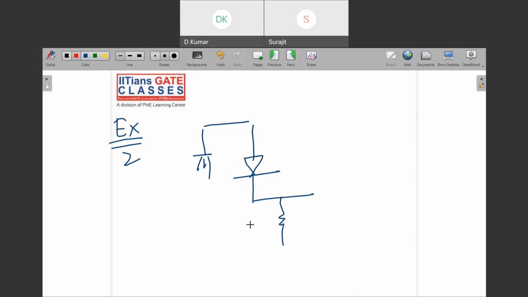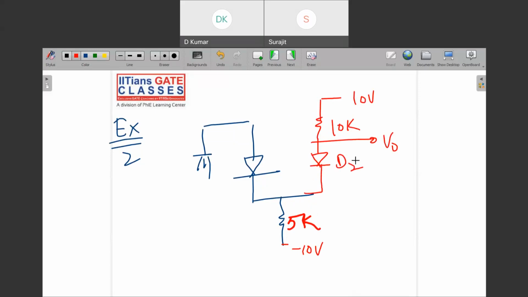Okay, 10K minus, sorry, this time 5K. You can frame questions by yourself, no problem. So this time this guy is 10 volt, and this guy is 10K. This is D2 and this is D1.